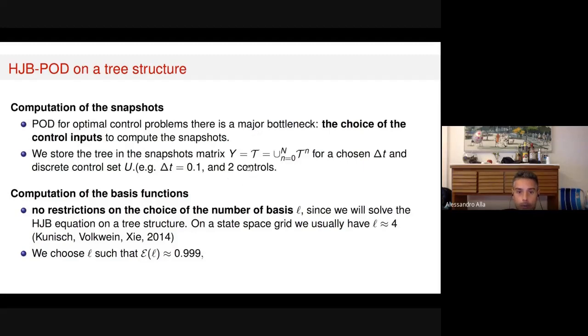For instance, we use a few controls and a large delta T. Then we don't have any restriction on the number of bases. We can use the singular values to understand how many bases we want, because our tree structure algorithm works in any dimension. So there are no constraints on the dimension of the basis, which actually happens when working on a structured grid.